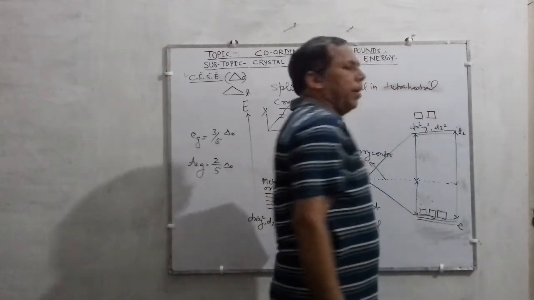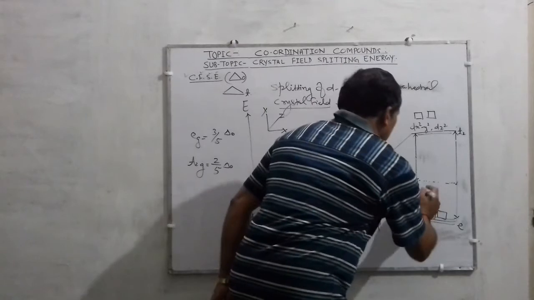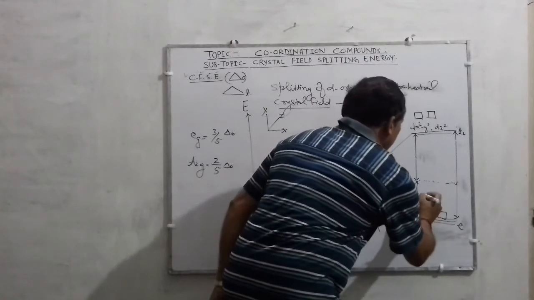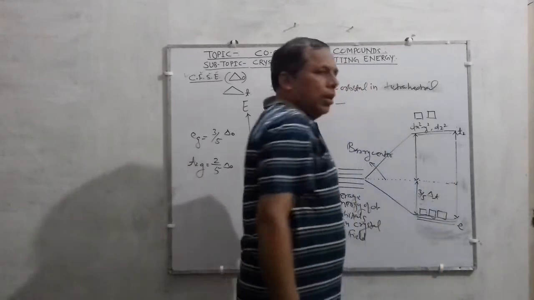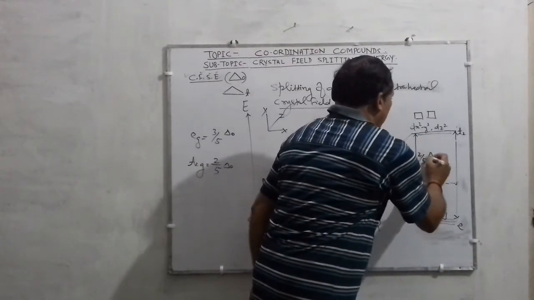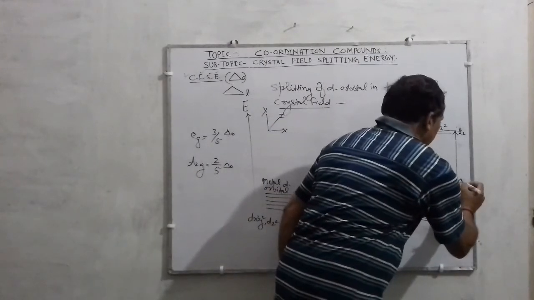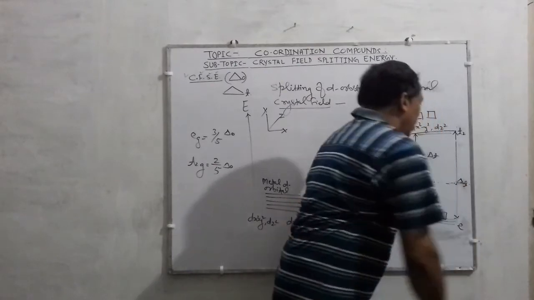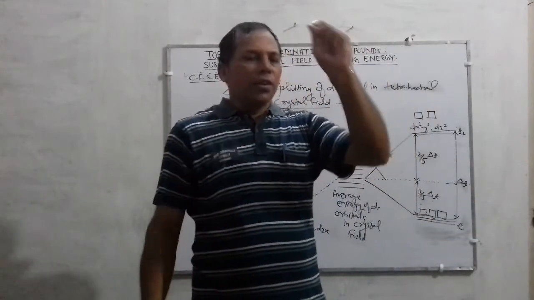This is the main difference. The energy of E is 3/5 ΔT, and the energy of T2 is 2/5 ΔT. Must remember, this is represented as ΔT, and ΔT means splitting in a tetrahedral crystal field.